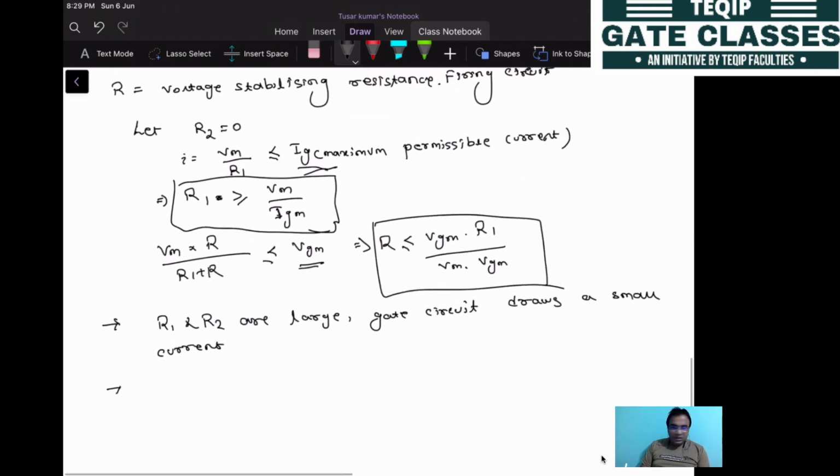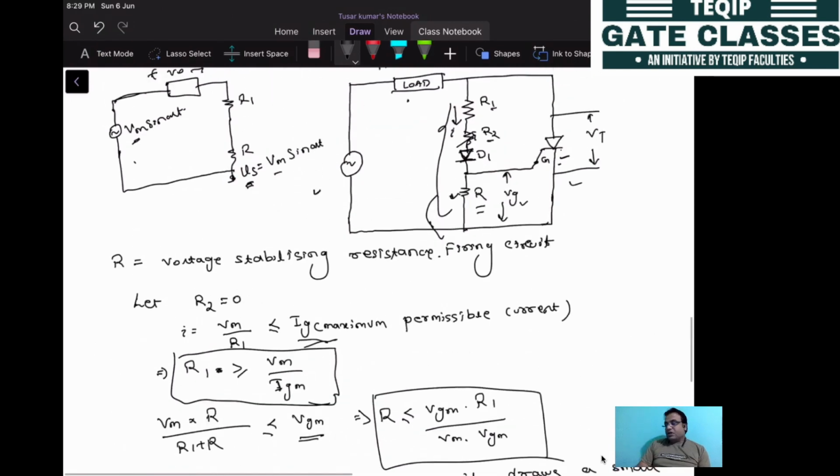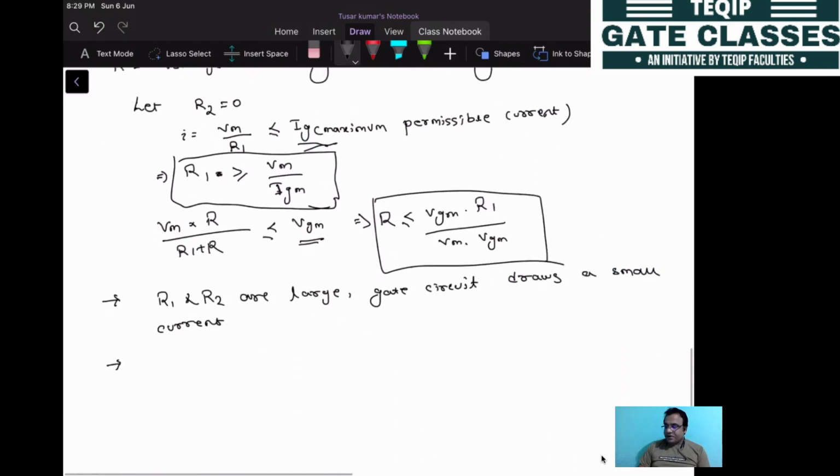Second point you can write down. Now look here. If you just forget about this thyristor, if you remove it, this is a load, and here resistors are connected, and only one diode is connected. So this circuit looks like a half wave rectifier.